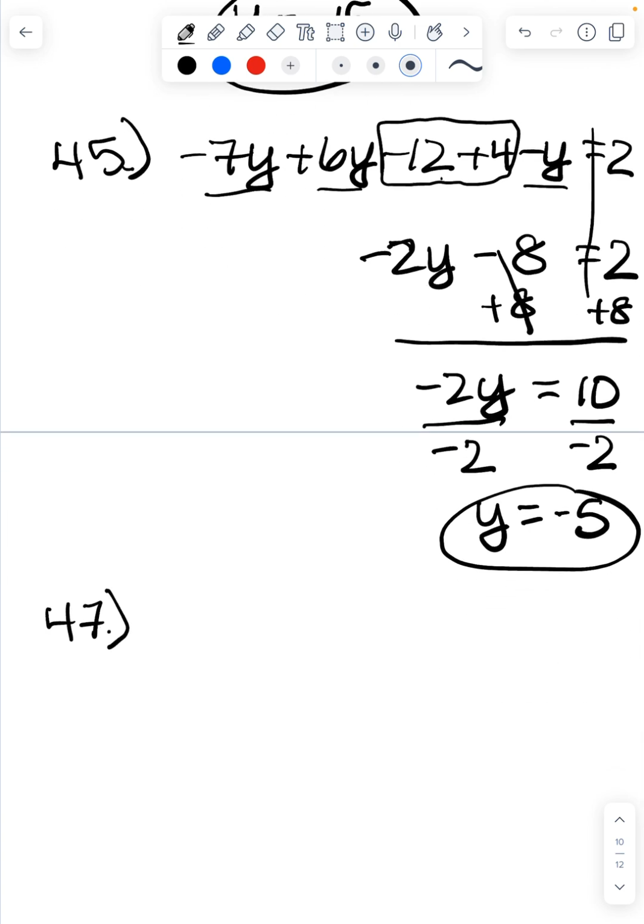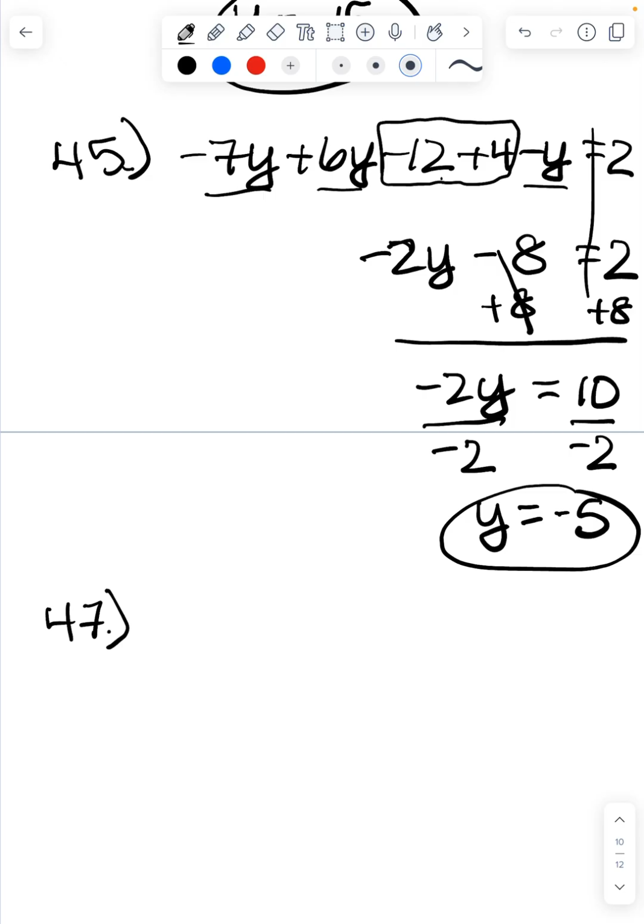Okay, number 47. Write and solve an equation for each exercise. A lunch buffet costs $9 for adults and $5 for children. If a group with 3 more adults than children pays $97, how many of each are in the group? All right, so let's start off with, they tell us that there's 3 more adults than children.